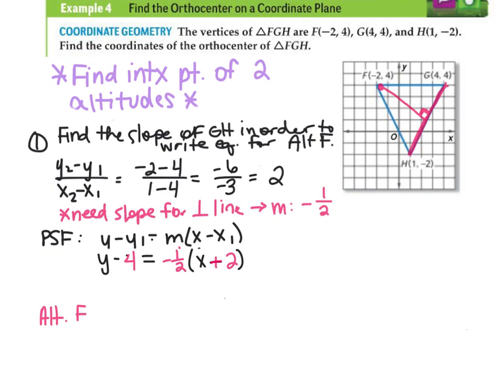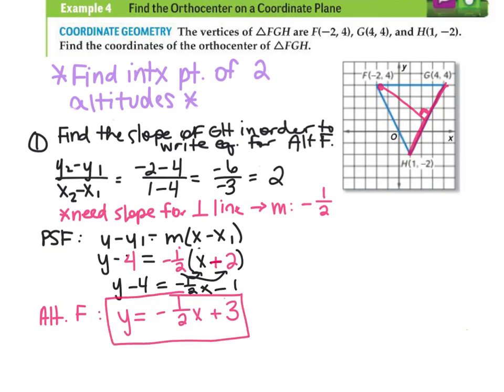All right, now I just need to distribute. That leaves me with y minus 4 equals negative 1/2 x minus 1. Okay? And then now our last step, the altitude of F, or the equation for that line, is y equals negative 1/2 x plus 3.